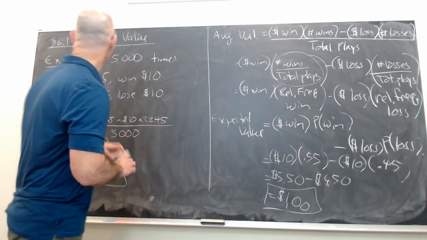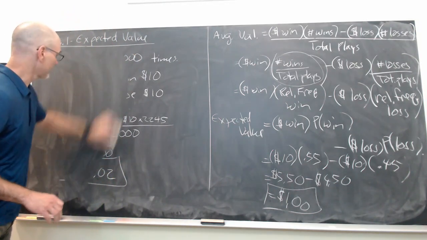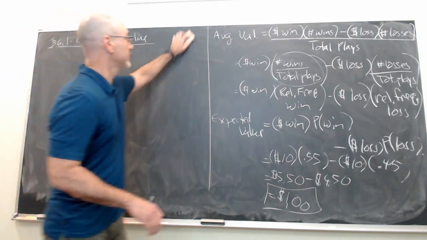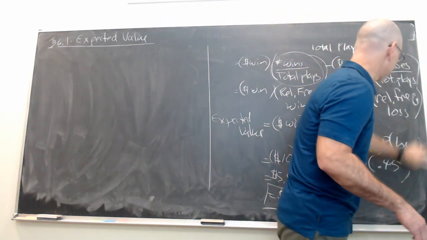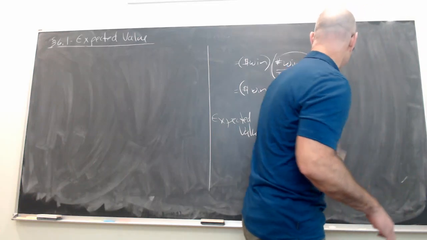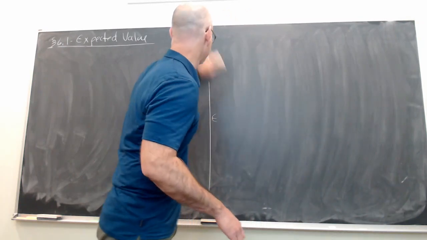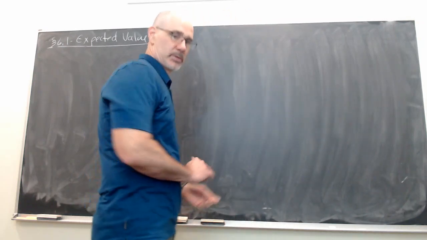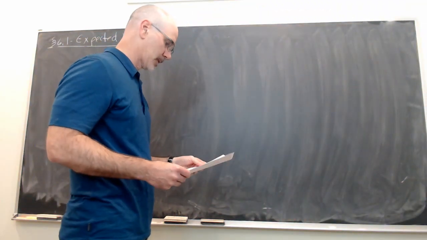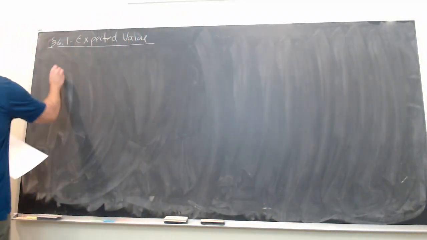So let's take a look at the next example as well. This is one we're going to do without simulating, which we certainly could do if we needed to. So this is a dice game. We've got a fair six-sided die.